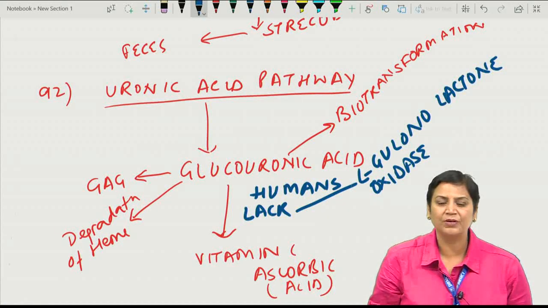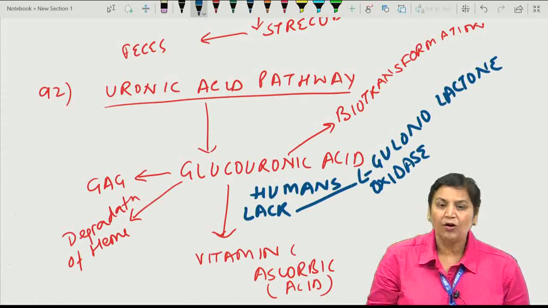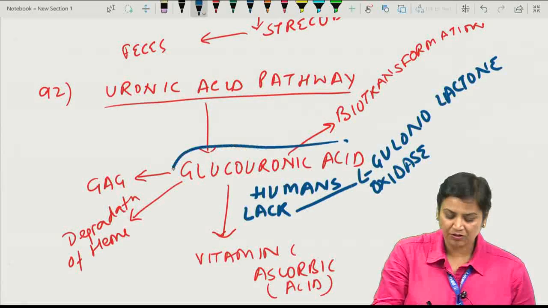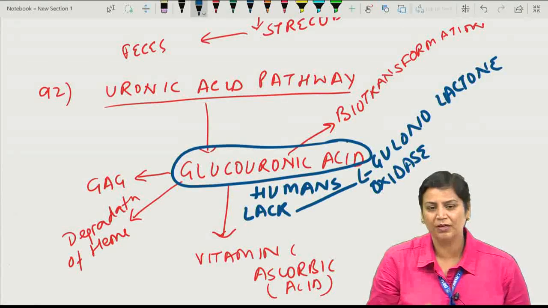That is why this vitamin C has to be supplied from outside diet. It is a vitamin which is taken in the diet as a supplement. The main feature of this uronic acid pathway is generating this glucuronic acid in human beings.